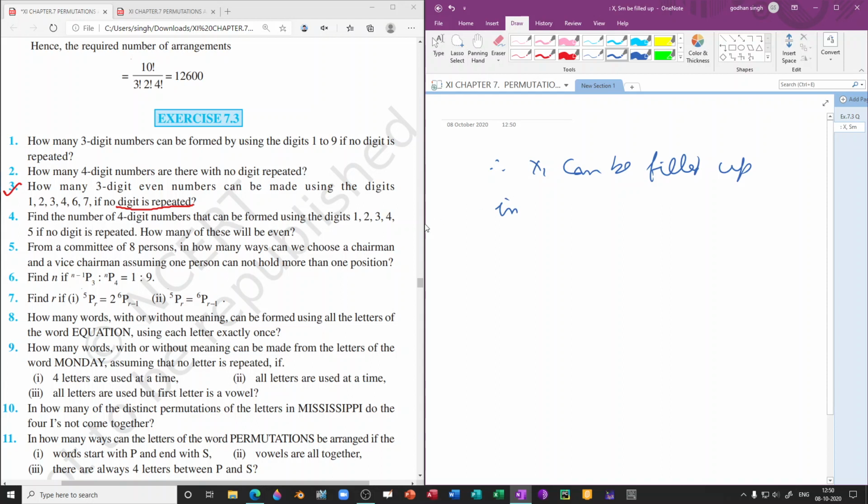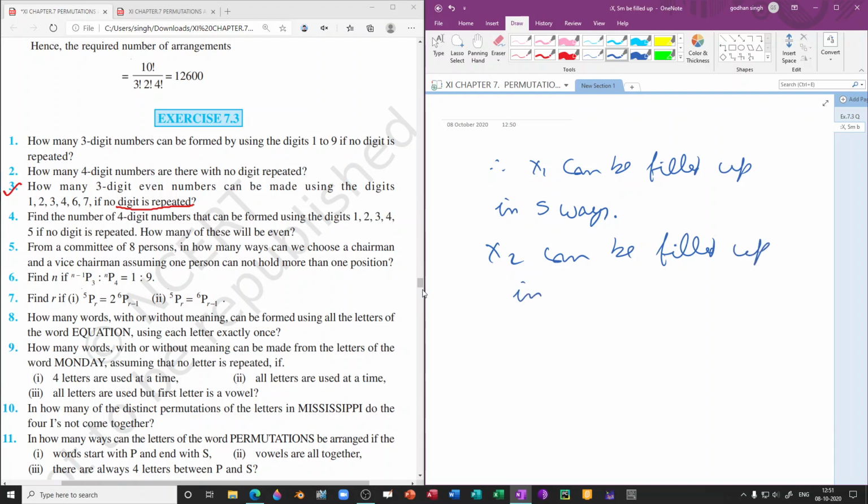There are 1, 2, 3, 4, 5, 6, that is 6 ways. Out of that, we have filled up x3, that is in one way. So now one digit has been used in x3, so remaining are 6 minus 1, that is 5 ways. Can be filled up in 5 ways. And x2 can be filled up in how many ways?